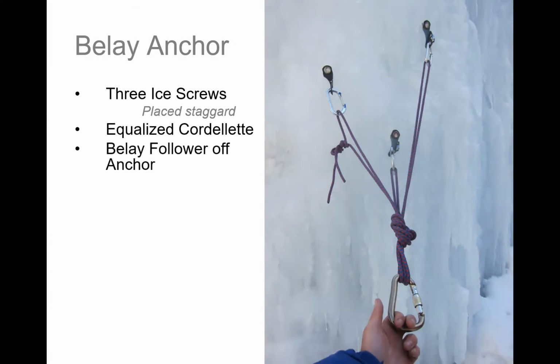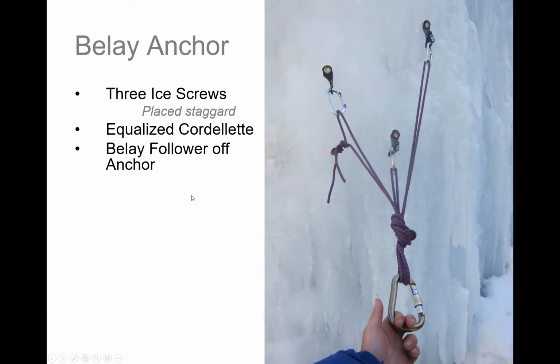Belay anchor, similar to some of your rock climbing. We want to place 3 ice screws, and we want them staggered from one another. Essentially we're going to equalize a cordelette, tie it off, and then you're going to belay your follower off of the anchor that you would have here.